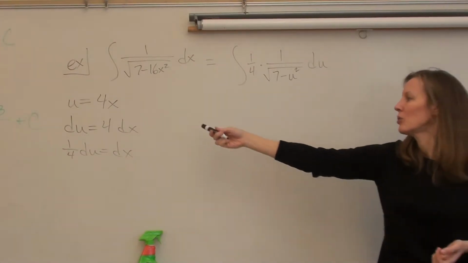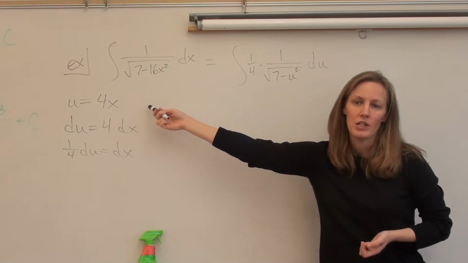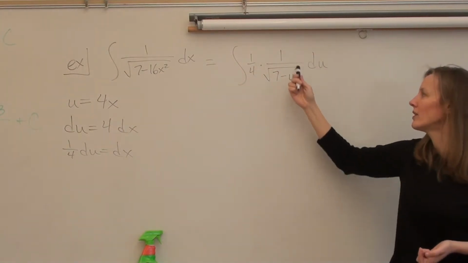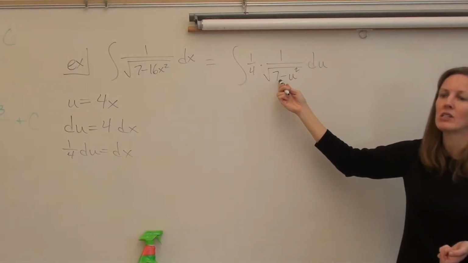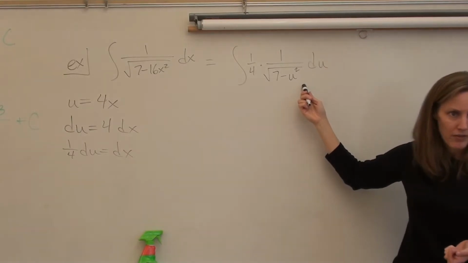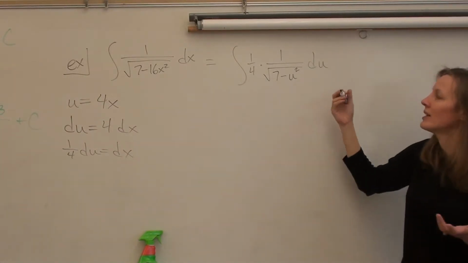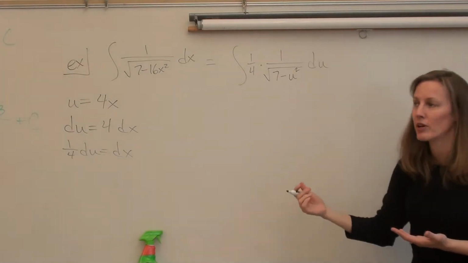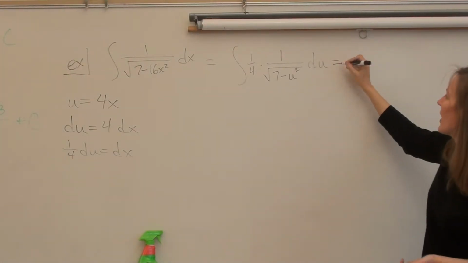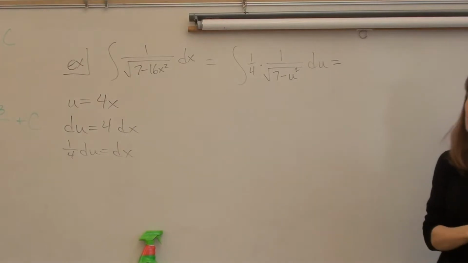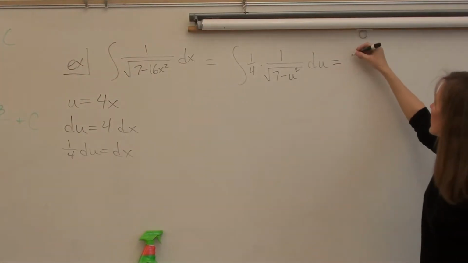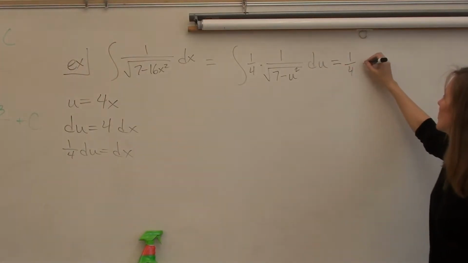That's why we take the square root when we do our u, so that when we plug the u's back in, we get something squared minus something squared. Now we've got something that we can easily convert to an arc sine. Is there a 1 over a in front of arc sine? No. But we do have that 1/4, so we have to multiply by the 1/4 because it's a coefficient.